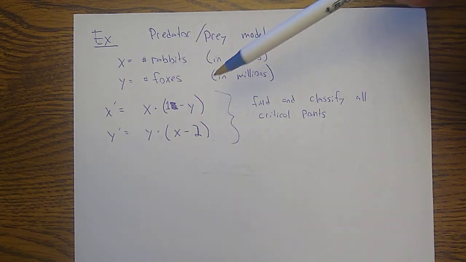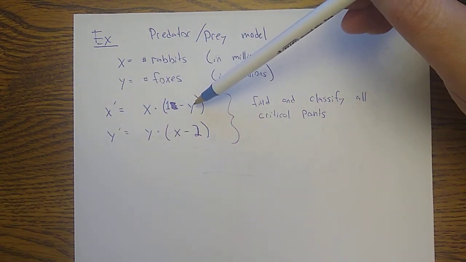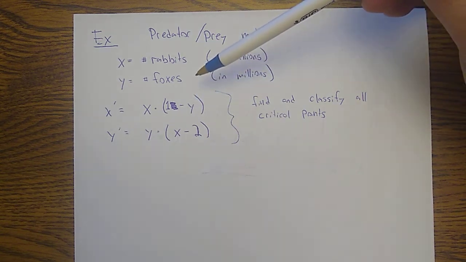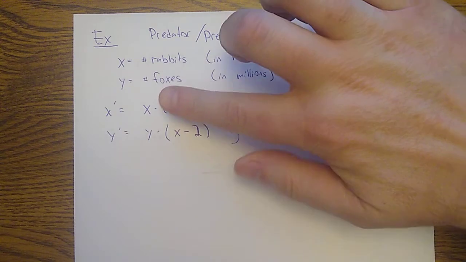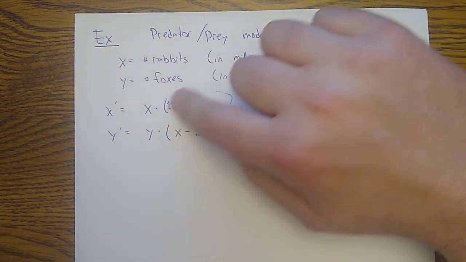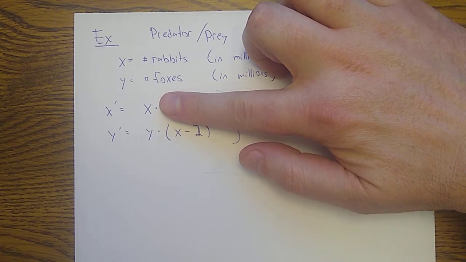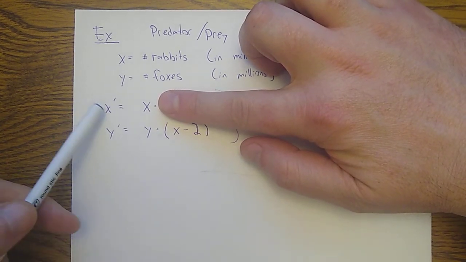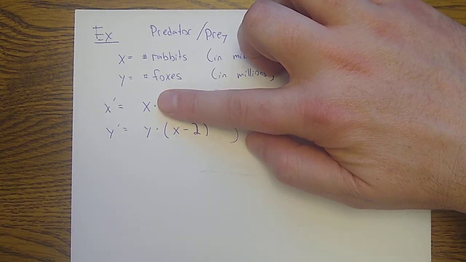If the rabbits were left to their own devices without any foxes, then we're assuming it would just be exponential growth. If y were just 0, then this thing in parentheses would just be 1, so I can cover it up with my finger, and I would get x prime equals x, which would give me x equal to e to the t. It would be exponential growth in the number of rabbits.